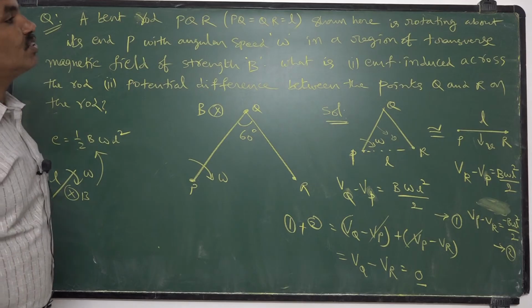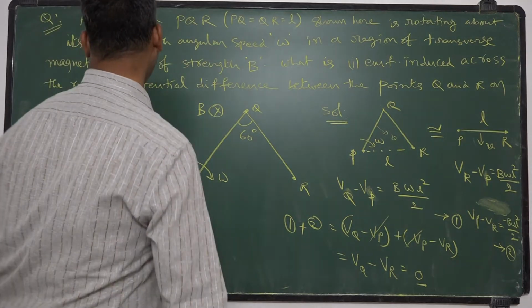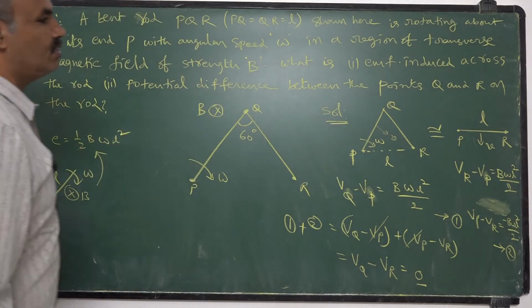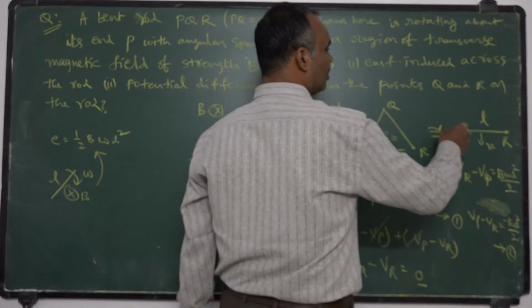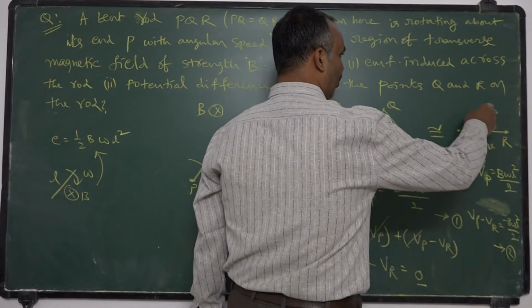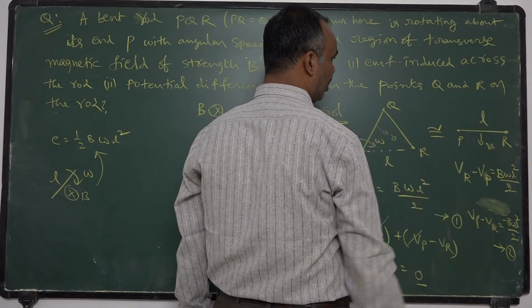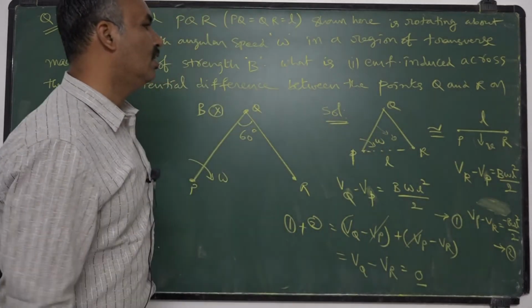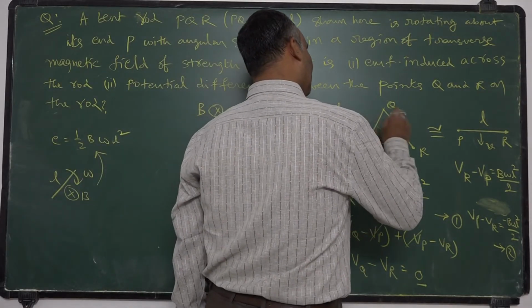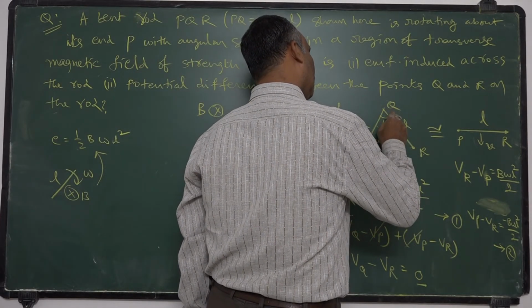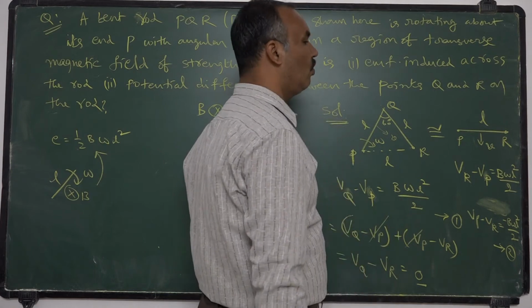So what is the first question they asked? EMF across the rod. Across the rod means this entire rod is considered as PR only with effective length L. Individually this is L, this is L, as it is 60 degrees, obviously it will also have length L only.